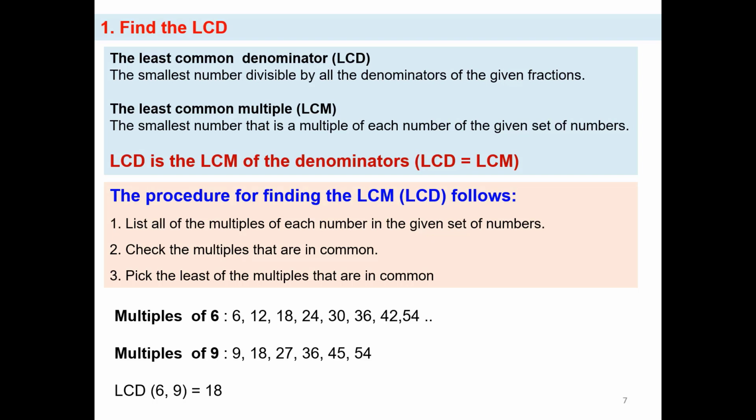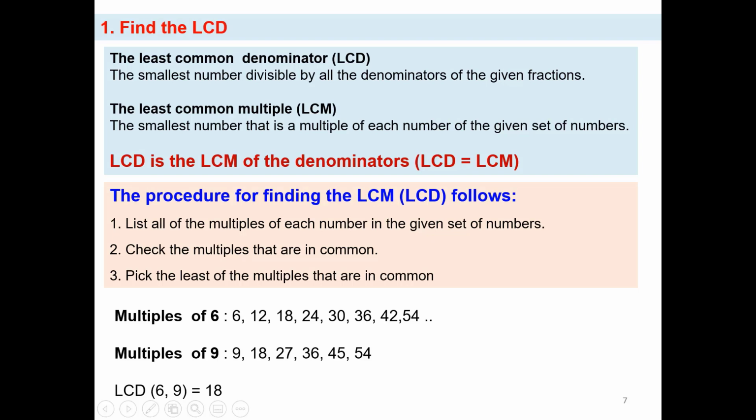To review, the least common multiple is the smallest number that is a multiple of each number in a given set of numbers. So the LCD and the LCM are the same, and if we can find the LCM, we can find the LCD.